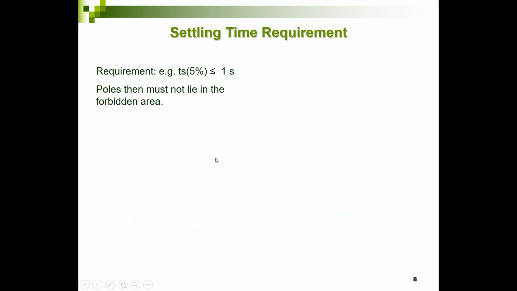So now let's look to a requirement. For instance, we require that after applying a step set point to a system, the 5% settling time should be smaller or equal to 1 second. Then we can calculate the forbidden area, because the 5% settling time is equal to -3 over lambda, and it should, in this case, not be higher than 1 second, which means that lambda should be smaller or equal to -3.